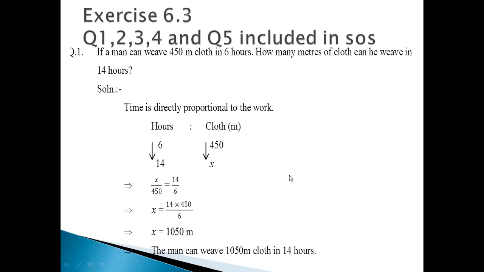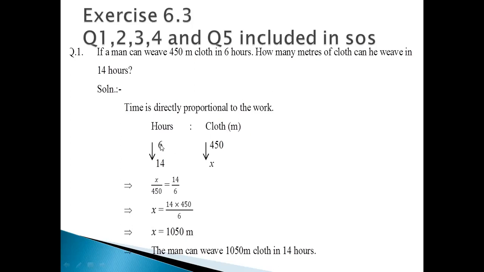Time is direct proportion to the work. How? From the statement we know. Look, if someone is working for 6 hours and he weaves 450 meters, then if he works for 14 hours, the work will be more, the number of meters will be more. So time is direct proportion to the work. Here you write hours and here you write ratio with cloths.